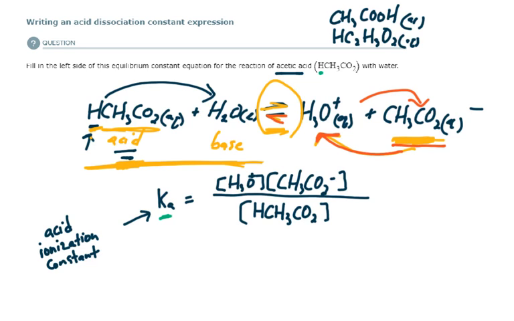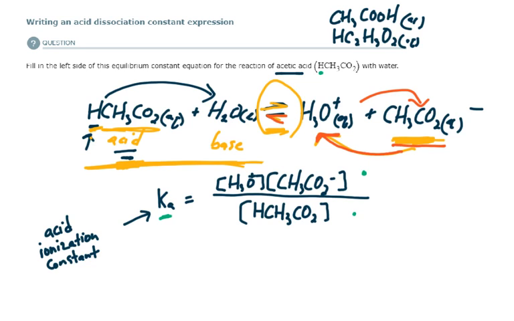Ka is called the acid ionization constant, and it is derived the same way that we derive Kw, the ion product constant for the autoionization of water, and also Kc for general chemical equilibrium. So you all already know how to arrange the acid dissociation constant expression with the products on top in the numerator and the reactants in the denominator.